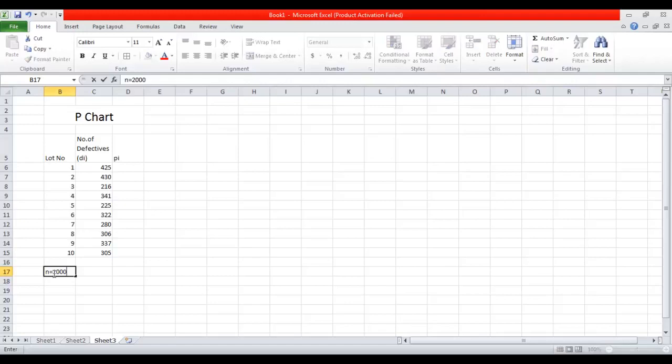So for 2000 sample values, we are going to find out the different PI values. PI equals DI divided by this N value. N value is 2000.